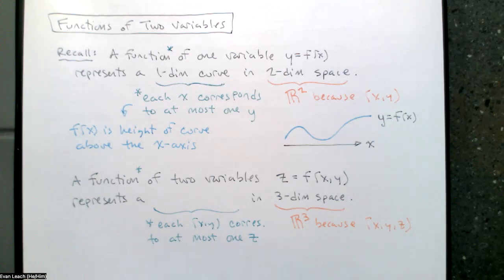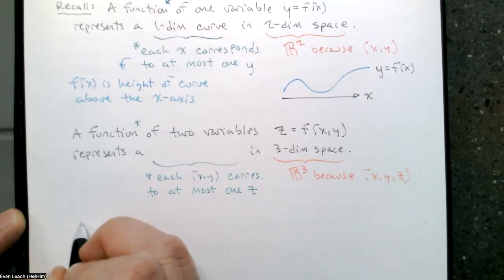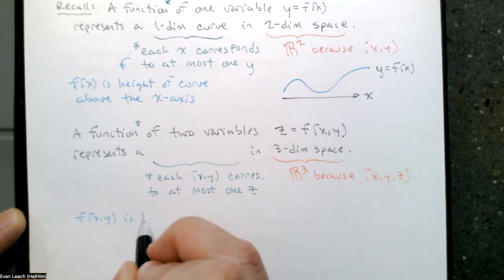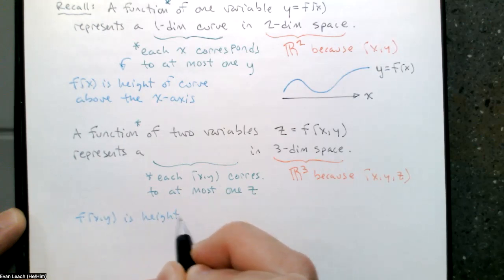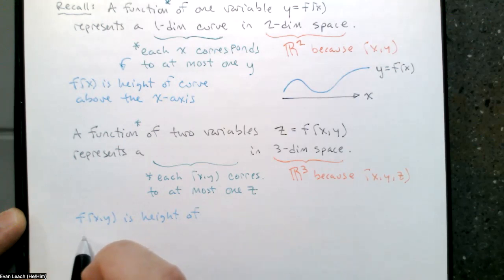Geometrically, we're going to do the same thing with the height. We're going to say the value of the function will be the height above all the points x, y. So f of xy, we still haven't decided what it is, but it's going to be the height of whatever geometric thing we get.